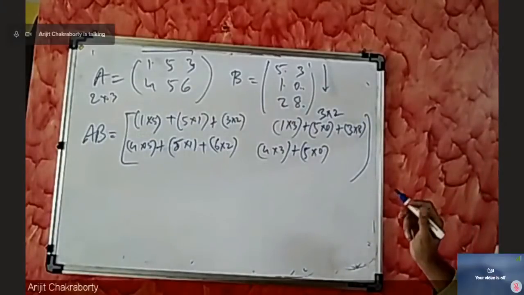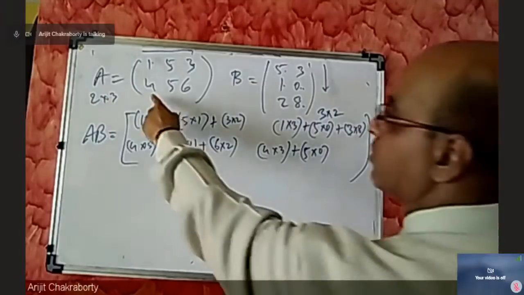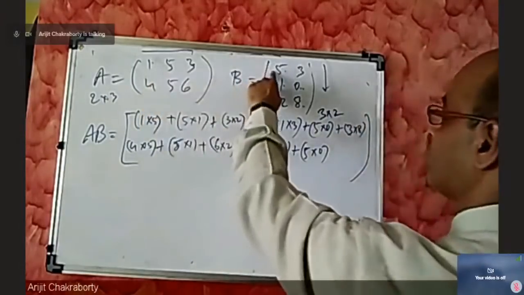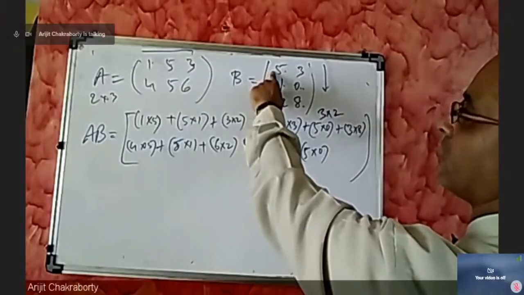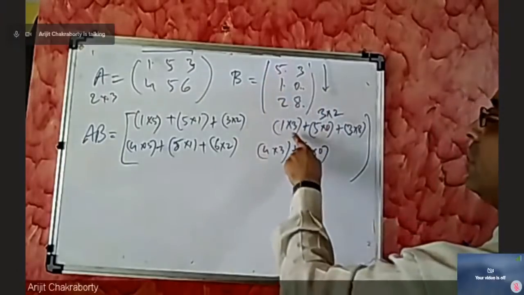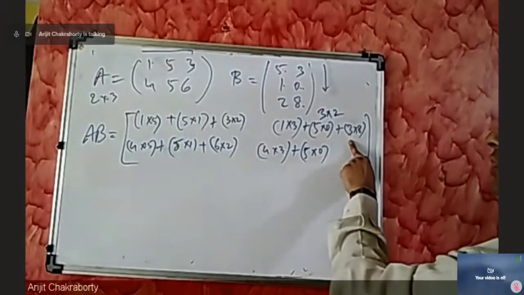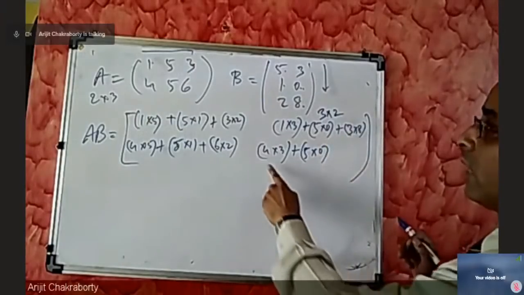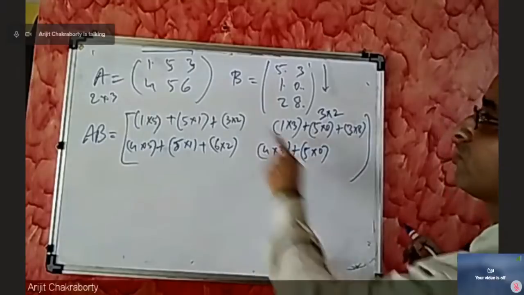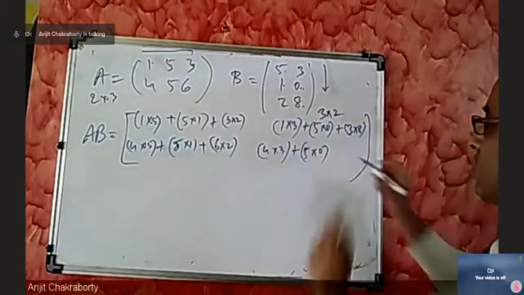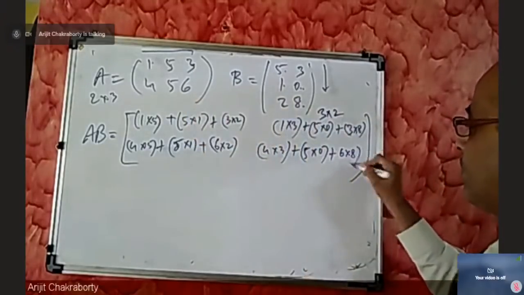Right? Just let me check whether I am correct. 1 into 5 we have done. 1 into 3, yes. 5 into 0 and 3 into 8. Yes, 3 into 8. Okay. So now we have 4 into 3 plus 5 into 0 plus 6 into 8.